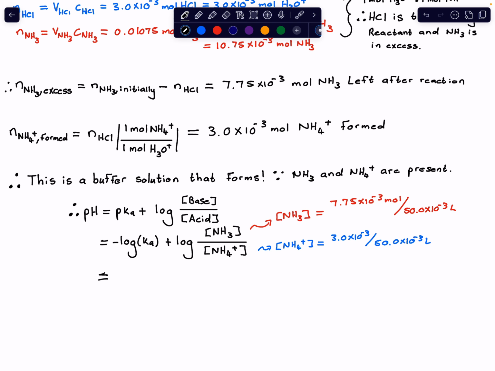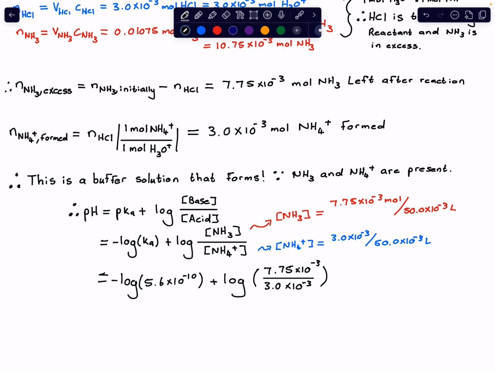And our Ka is the Ka of ammonium, NH4 plus. If you look that up, it's 5.6 times 10 to the negative 10. Plus log of 7.75 times 10 to the negative 3 divided by 3.0 times 10 to the negative 3.